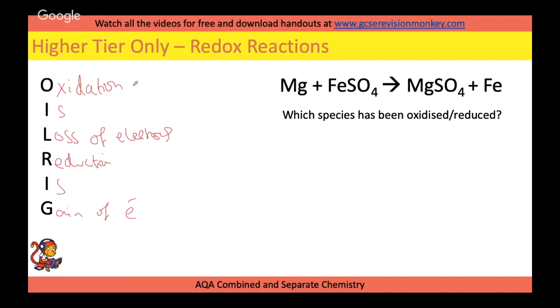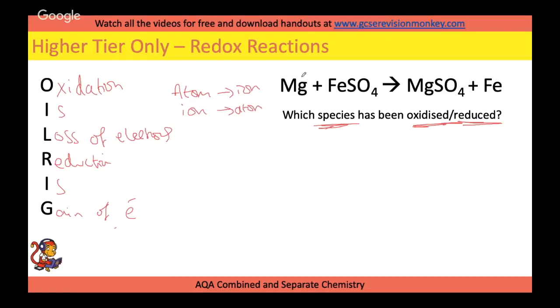Oxidation can mean the gain of oxygen, and reduction can mean the loss of oxygen. But if it's in terms of electrons, oxidation is loss and reduction is gain of electrons. So they might ask which species has been oxidized or which species has been reduced. What you're really looking for is anything that's turned from an atom into an ion, or anything that's turned from an ion into an atom.